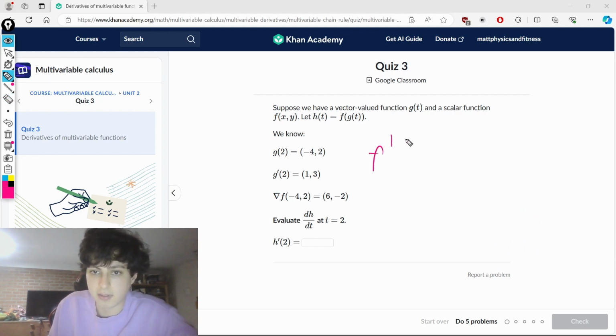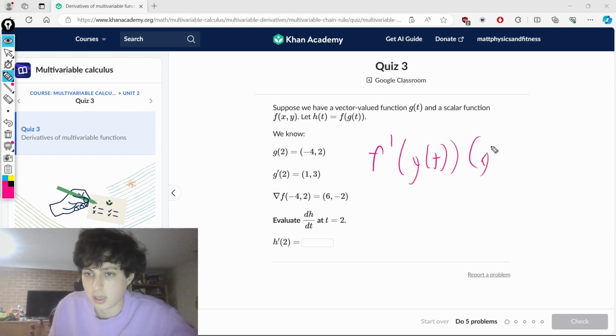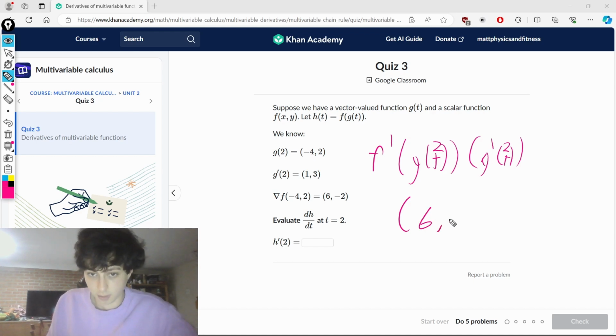So we're looking at f prime of g of t times g prime of t. Again, t is 2 here. So g of 2 is (-4, 2), and f prime of (-4, 2) is where you get the (6, -2).